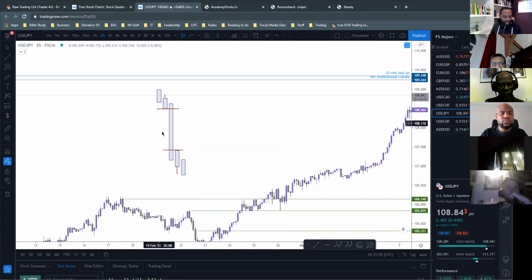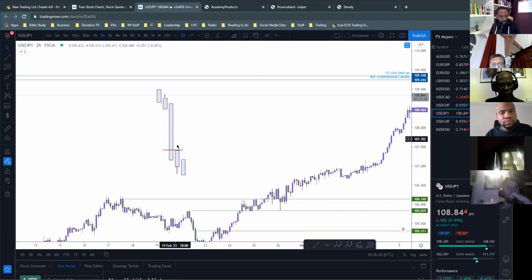This gap is an imbalance. Just note that. In this case, the market is falling, and in this gap there is an absence of buyers. There's no buyers in this area. The market is dropping, and the market doesn't like to retain gaps.